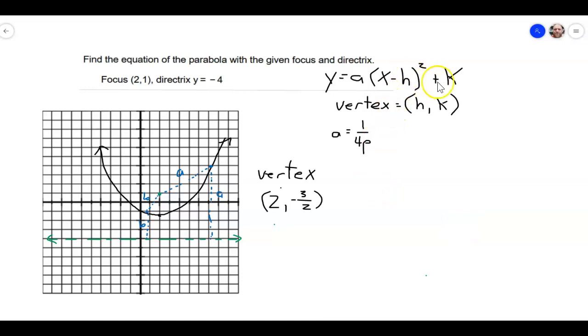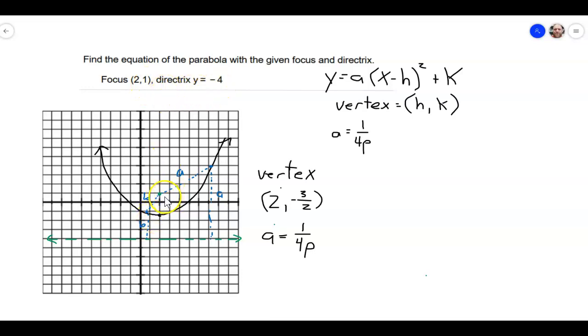So that is 2/3 of our problem. The only other thing we need to do is find that a. So let's work on that a. So a is equal to 1 over 4p. All right, so let's go ahead, and I know that the distance from the focus to the directrix is 2p. We just talked about that, right? And what is the distance between 1 and -4?